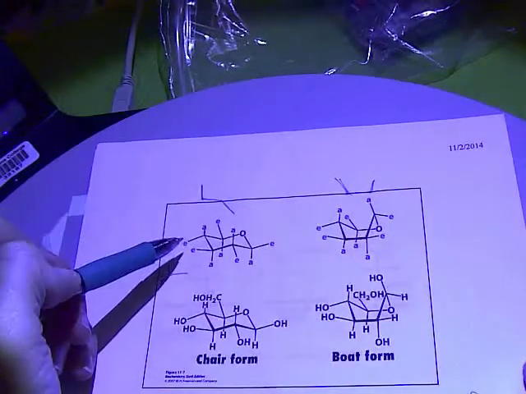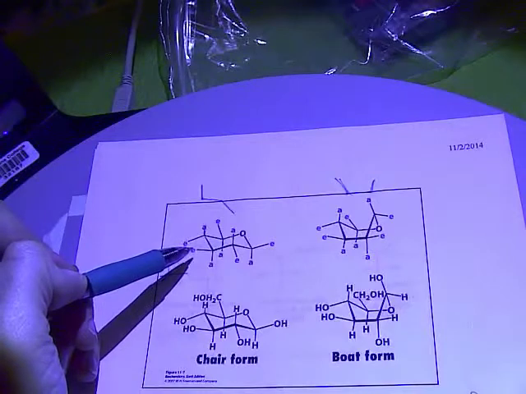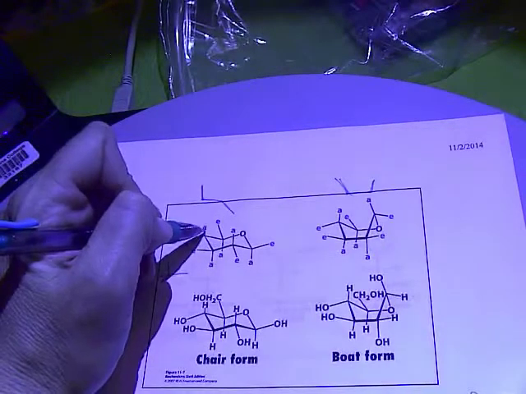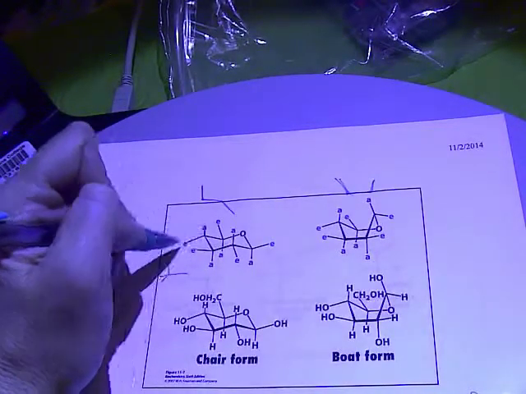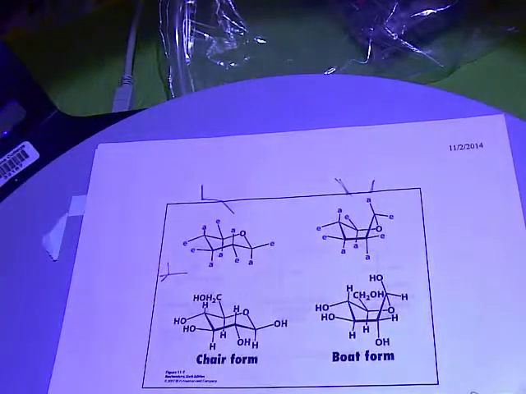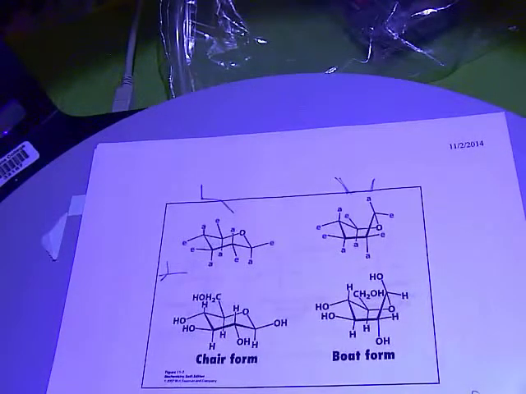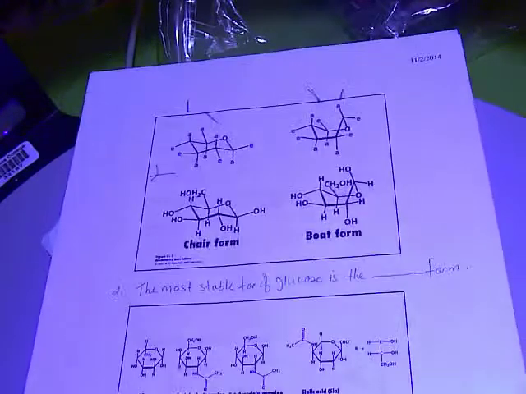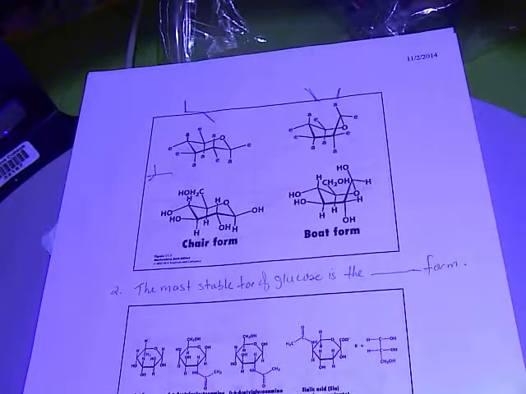The most stable form of glucose is the chair form. And this is because it aligns the OHs in the most sterically favorable location in the molecule, and so thermodynamically it's the most stable, right? So that brings us to question 2, which is the most stable form of glucose is the blank form.